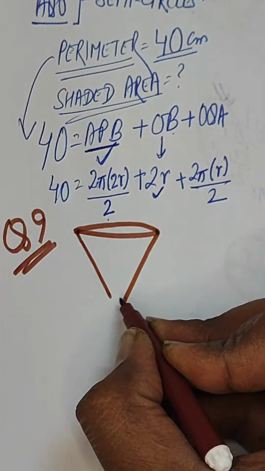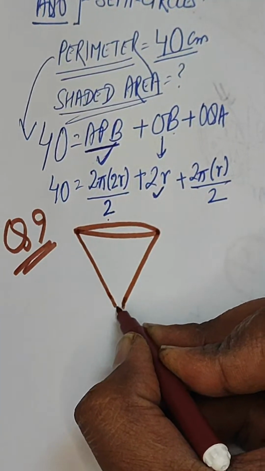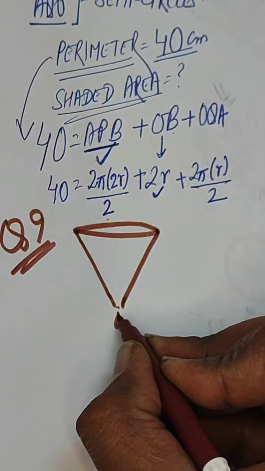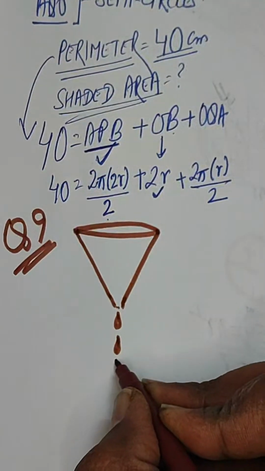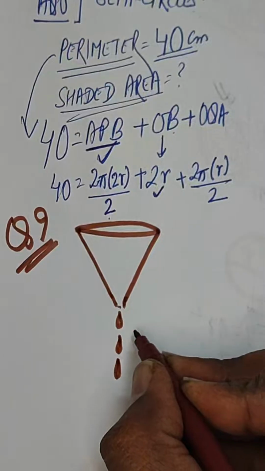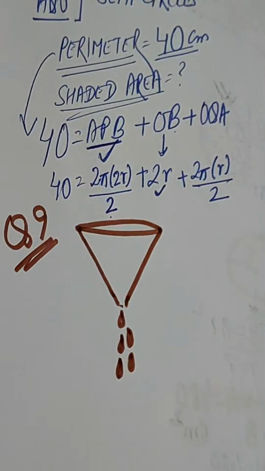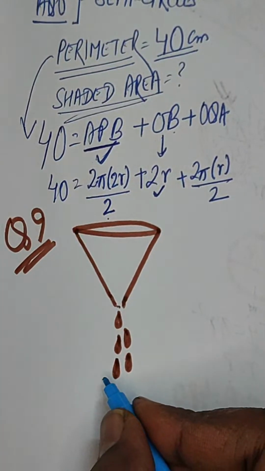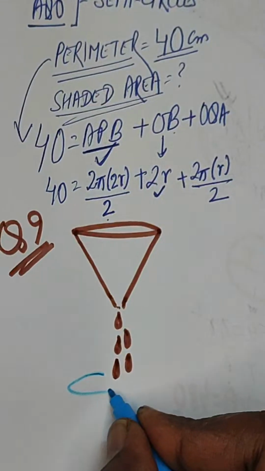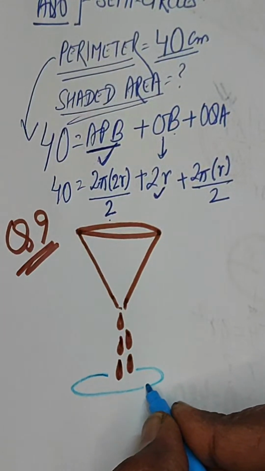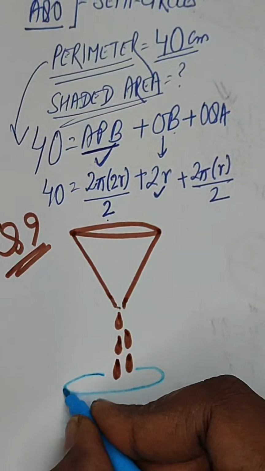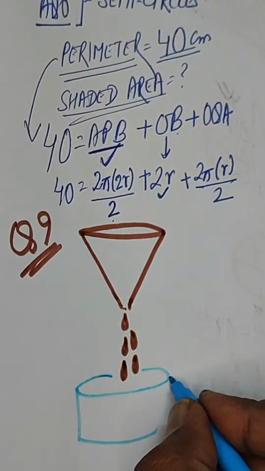From this conical vessel a point is there, so water is dropping like this. Now this is going into a cylinder. A cylinder is kept over here.